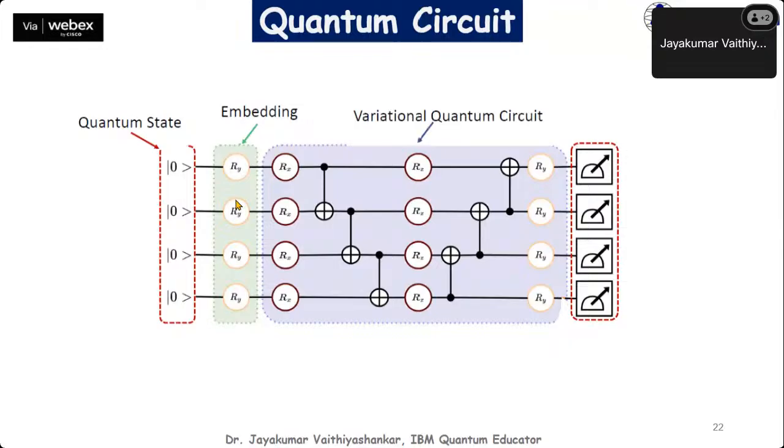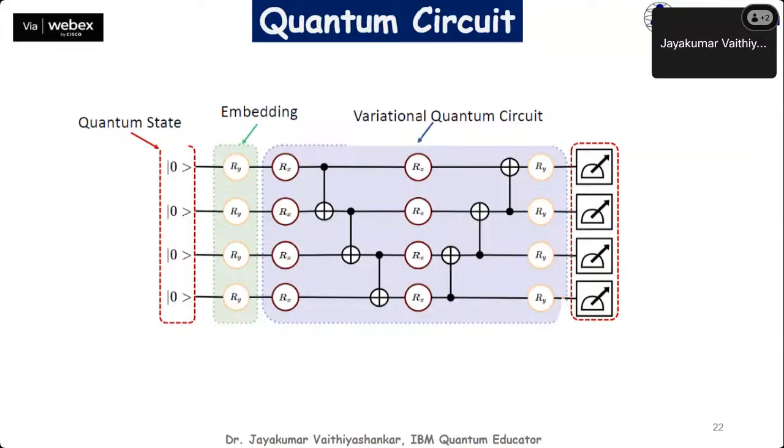Once you have embedded your input, you need to vary your quantum state using rotational gates. So this is called a variational quantum circuit. Most of the time you studied only static quantum circuits, where no more operation is happening.